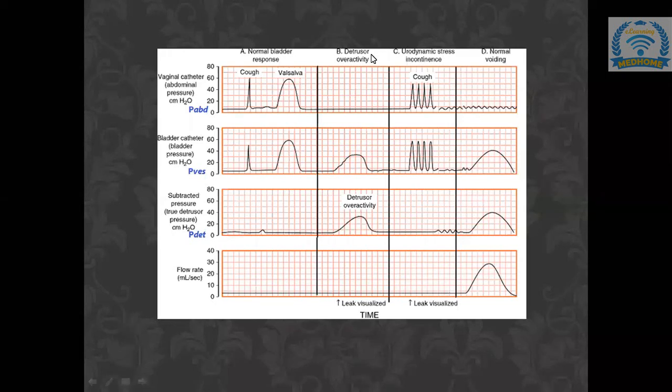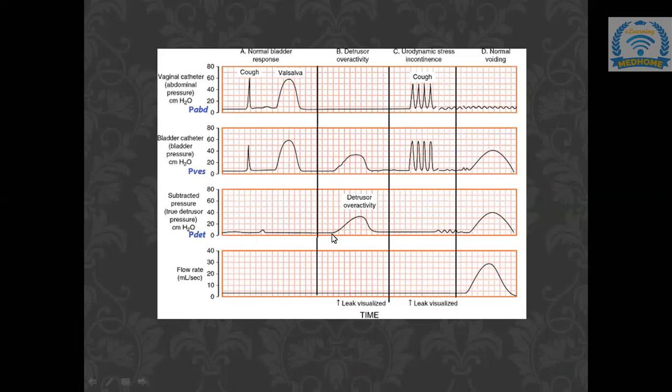Now, when we come to detrusor overactivity, that is overactive bladder. In normal terms, we call it overactive bladder. So we are going to see in the overactive bladder that the abdominal pressure will remain steady throughout the filling phase, but the pressure of the vesicle, that is the bladder pressure, has started to rise.